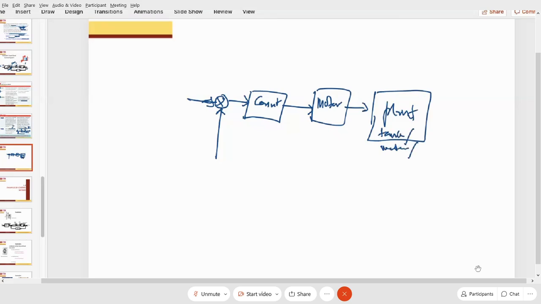When we call plant, it means your tank and your water inside, this is the plant. So this water tank with the liquid is the plant. That's why when we measure, this is your output. We measure the level here, H. The motor is somewhere outside, they pump water inside the tank.